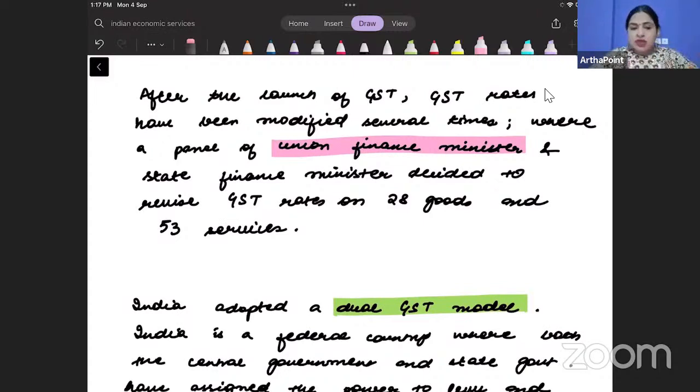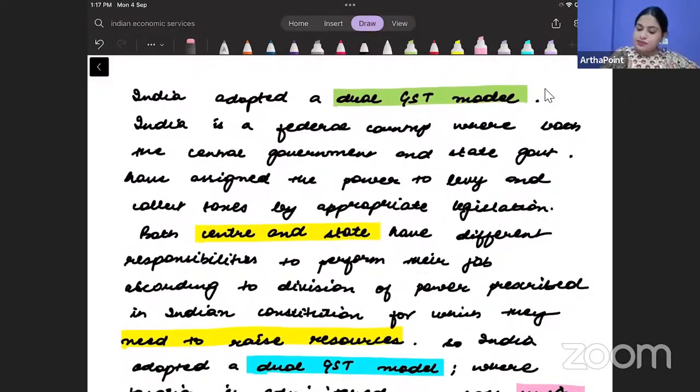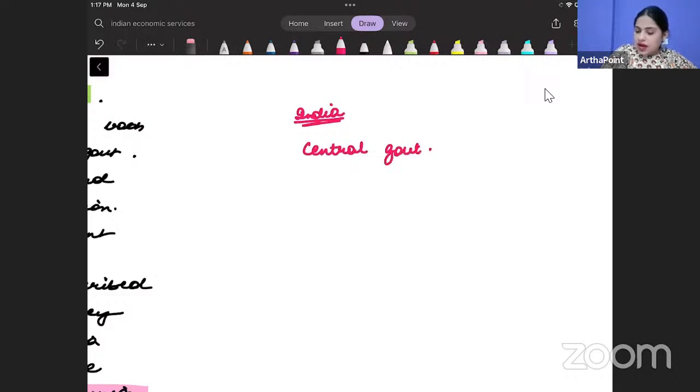Okay. Now I want to talk about a dual GST model. Please understand this thing. If I talk about India, beta, in India I have the central government, I have state government, and I have local government.